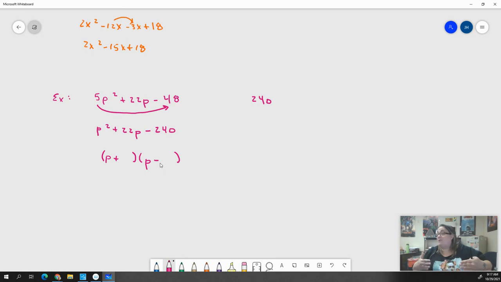Anytime our end term, our constant, we call it a constant because it doesn't have a variable attached to it, is negative, we're going to have a positive factor and a negative factor. And the way we know which one is bigger is this: if whatever's right here is positive, your bigger factor will be positive. If this was negative, your bigger factor would be negative.